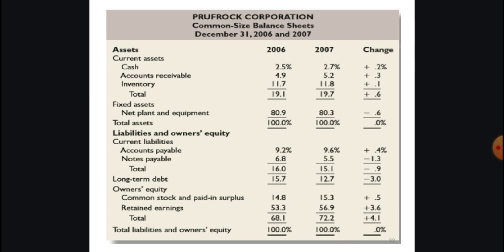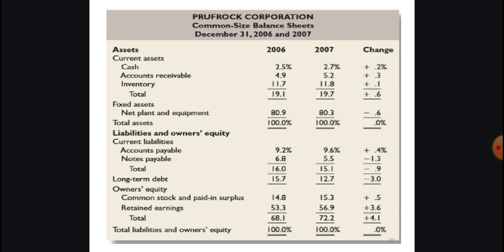And cash is 2.5% of total assets in 2006 and 2.7% of total assets in 2007, and the difference is positive. 2.7 minus 2.5% is a 0.2% increase.